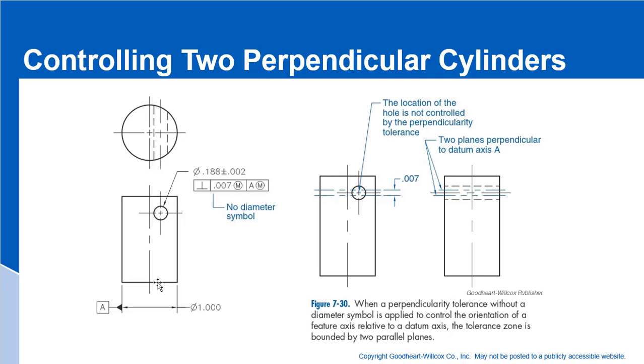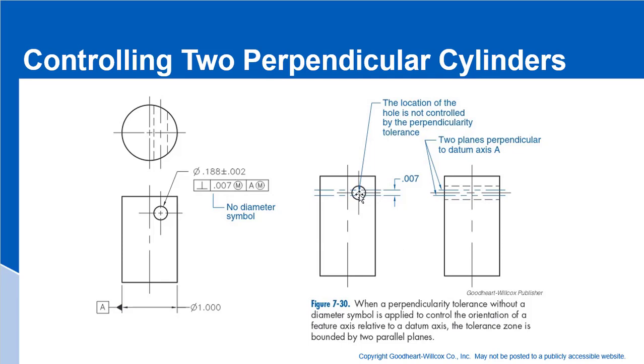In which case we have a cylinder here, and then we have a hole that's drilled through this cylinder, and we have a perpendicularity tolerance on that. I think we would also need a location tolerance for this hole as well, because what we're showing here is that the location of the hole is not controlled by the perpendicularity tolerance.